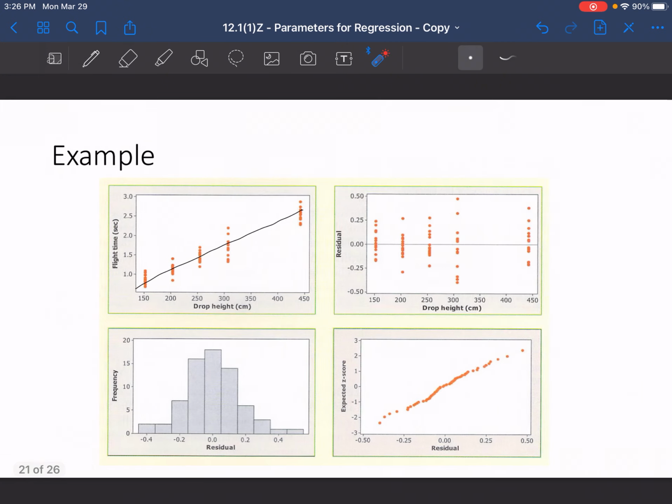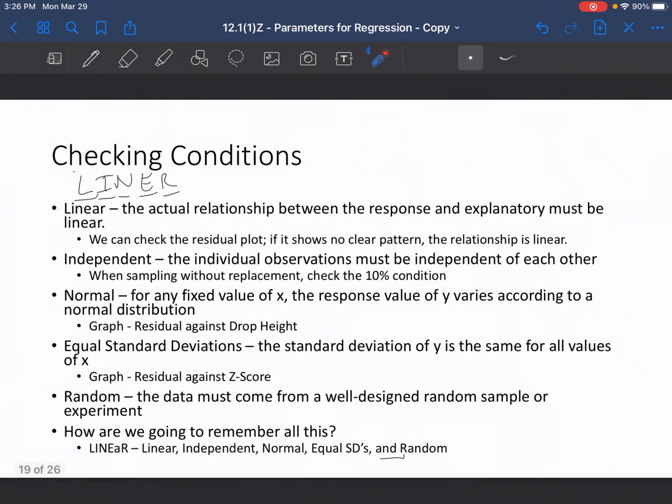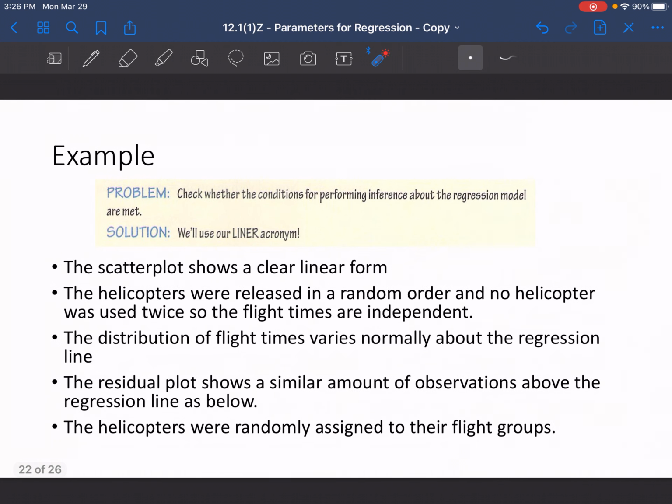Our fourth test is the equal standard deviations, and so that's the standard deviation of y is the same for all values of x, and what we're really looking for here is that the residual plot shows a similar amount of observations above the regression line as below.